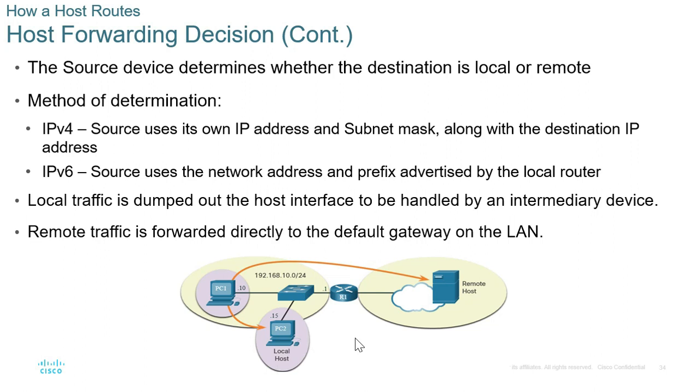Kalau dalam network yang berbeza, then dia akan gunakan IP address of the default gateway untuk paskan kepada default gateway ini. So default gateway ini tujuan dia untuk paskan paket daripada satu network, satu LAN kepada network yang lain ataupun LAN yang lain ataupun WAN yang lain.